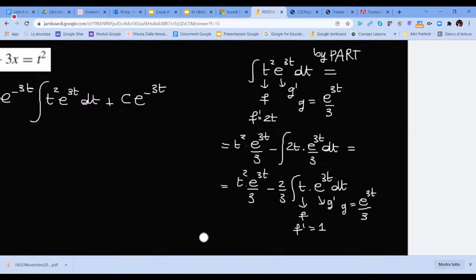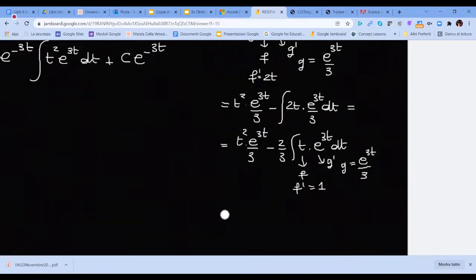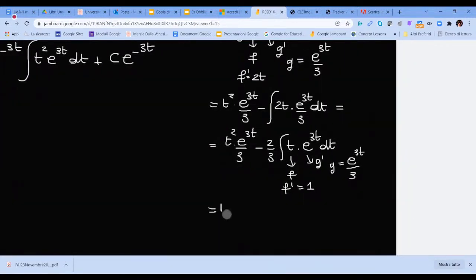Okay, so at the very end you will have t squared times e to the 3t divided by 3, minus 2/3 multiplied by f times g, that means t times e to the 3t, minus the integral of f prime times g.